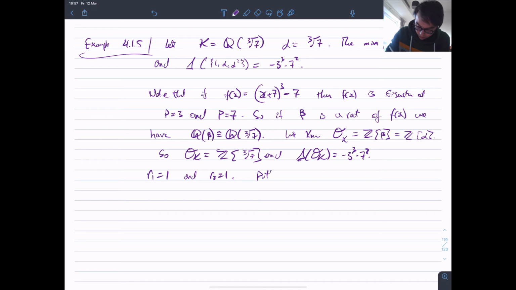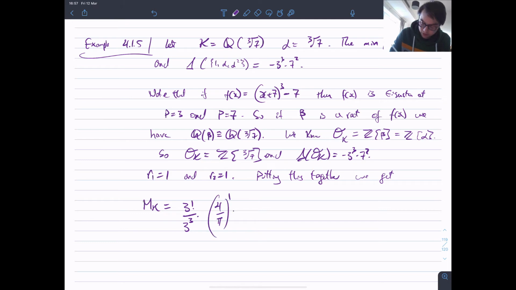Putting this together, the Minkowski bound of K, as it's a degree 3 field, is 3 factorial over 3 cubed, times (4 over pi) to the r2, times the square root of 3 cubed times 7 squared. If you work out what this is, it's roughly 10.3.